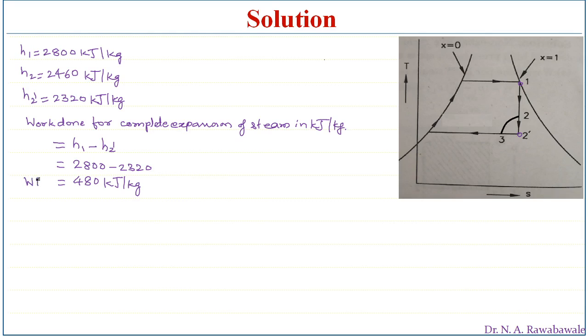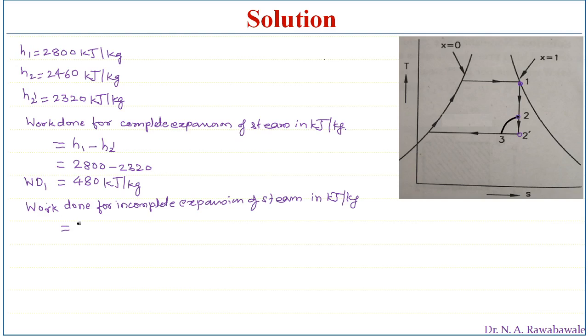So now work done 2, the work done for incomplete expansion of steam in kilojoules per kg, is given by, so incomplete expansion means from 1 to 2.